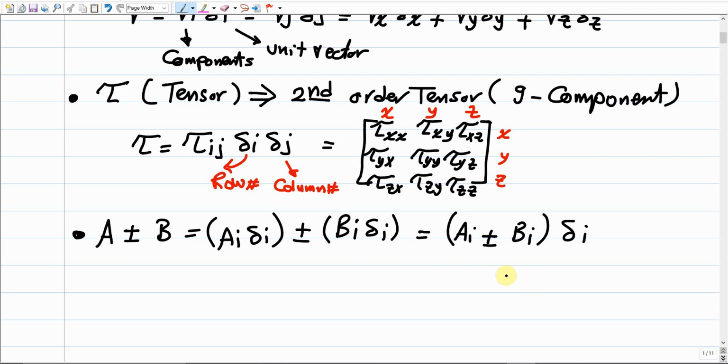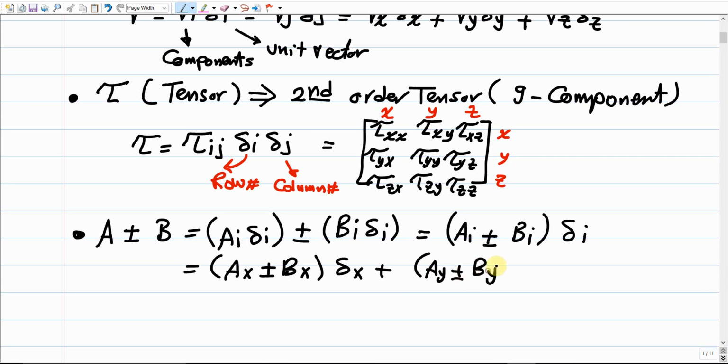And we can even write this in the expanded form if we would like. So we can have the A_x plus or minus B_x delta_x, because you consider i as x, plus the A_y plus or minus B_y delta_y, plus the A_z plus or minus B_z delta_z.